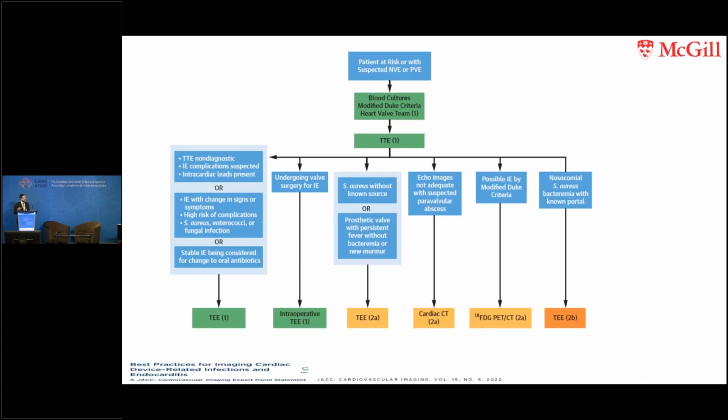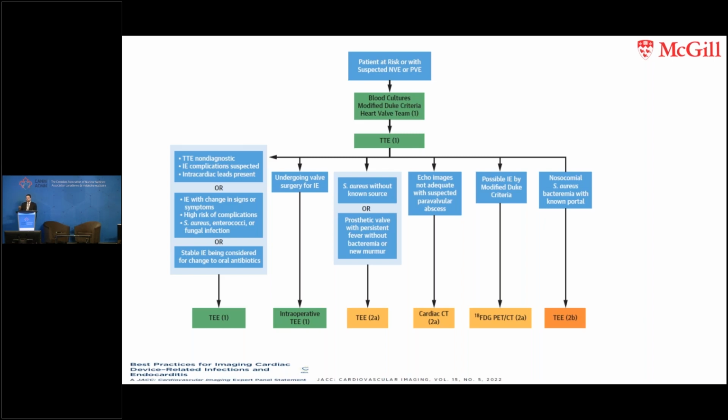So the use of PET scan has been increasingly implemented in the guidelines and in other review articles, in the flow chart of the workup of these patients. Patients with suspected endocarditis often proceed with echocardiogram, and depending on the clinical scenario, go to TEE, to surgery, to cardiac CT.